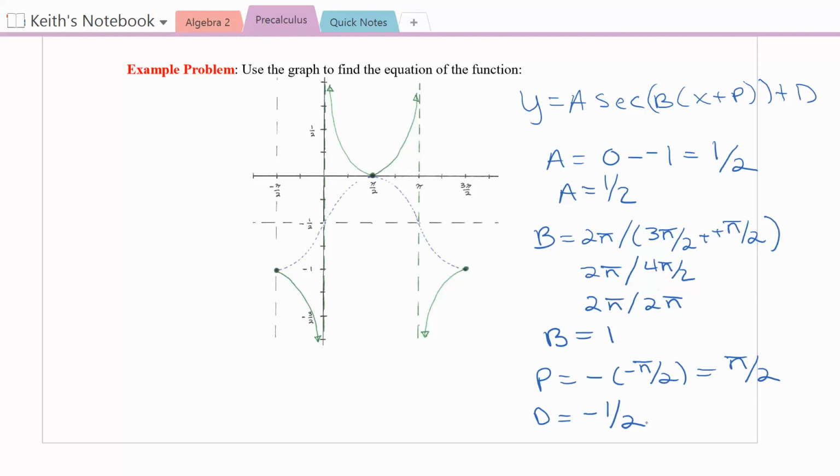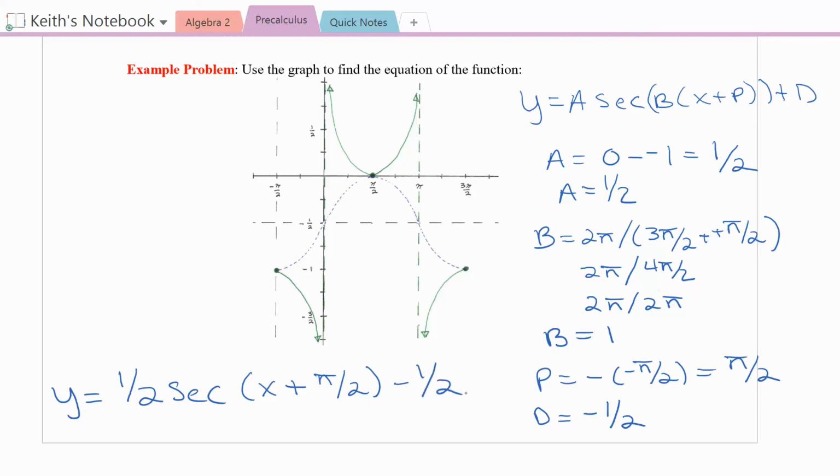So if we're looking at this, our function would be y equals 1/2 secant. There's no b term, so it's just going to be x plus pi over 2, because that's our p, minus 1/2.